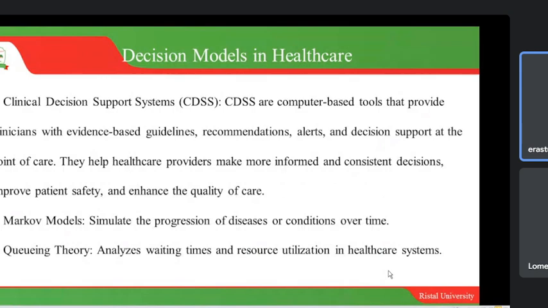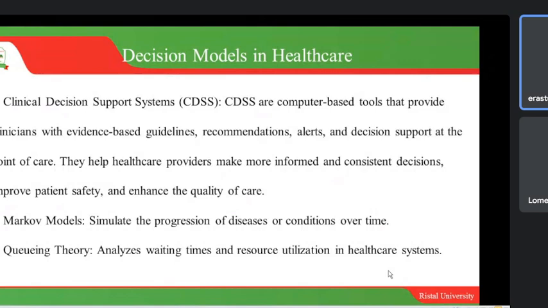So the CDSS is going to provide different forms of recommendations, alerts, and decision support at the point of care. This model is very critical for healthcare providers because they are now able to make more informed and consistent decisions. Once we do that, remember what we said when we were starting, at the end of the day, it's an improvement in patient safety, and it is also going to help us enhance quality care.